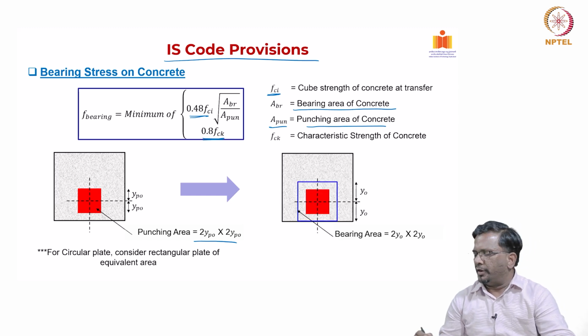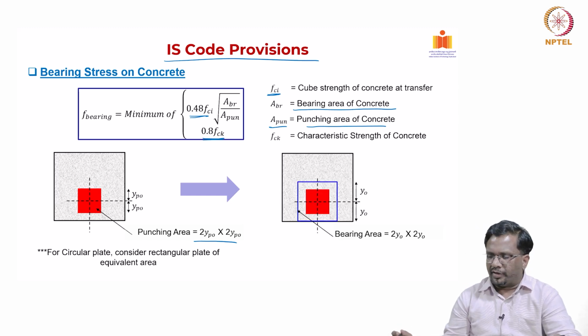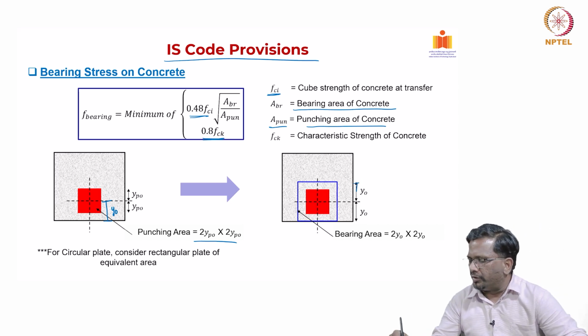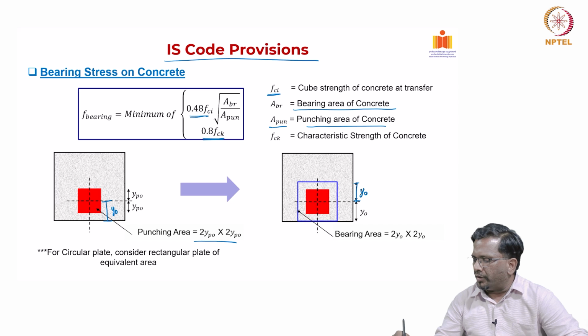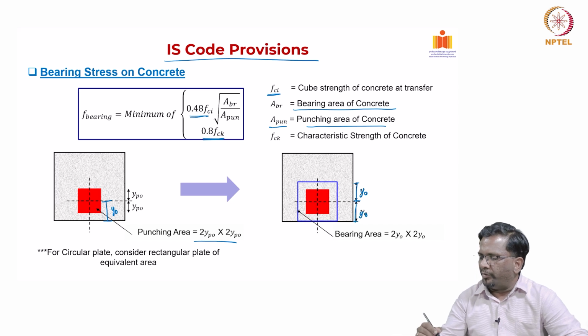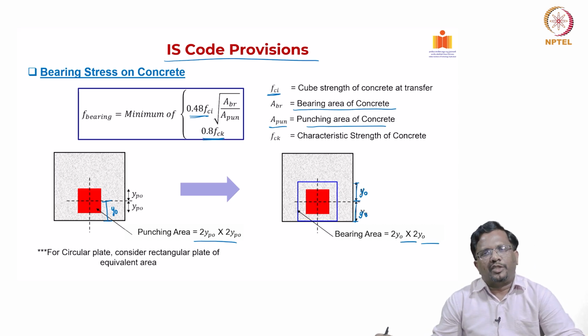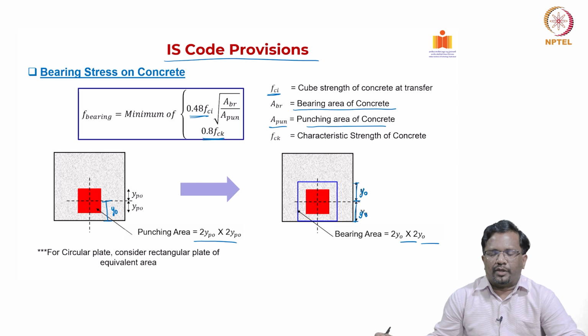You can see that bearing area here. Typically, from this plate you take the maximum edge distance as y0, so the bearing dimension becomes 2 into y0 by 2 into y0. So, the bearing area will be much higher than your punching area.